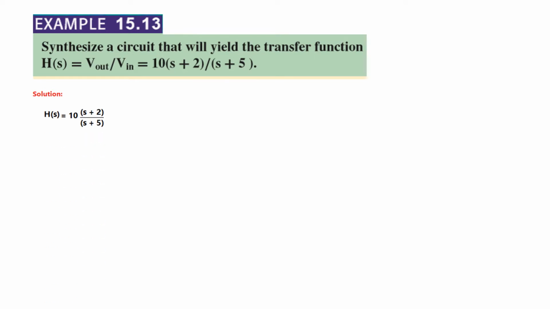From here you can see that 10 is a constant, this is the zero term, and this is the pole term. To realize this, we'll need a pole circuit and a zero circuit. So this can further be written like this: this is the zero circuit, and this is the pole circuit. We'll first try to get the pole circuit.